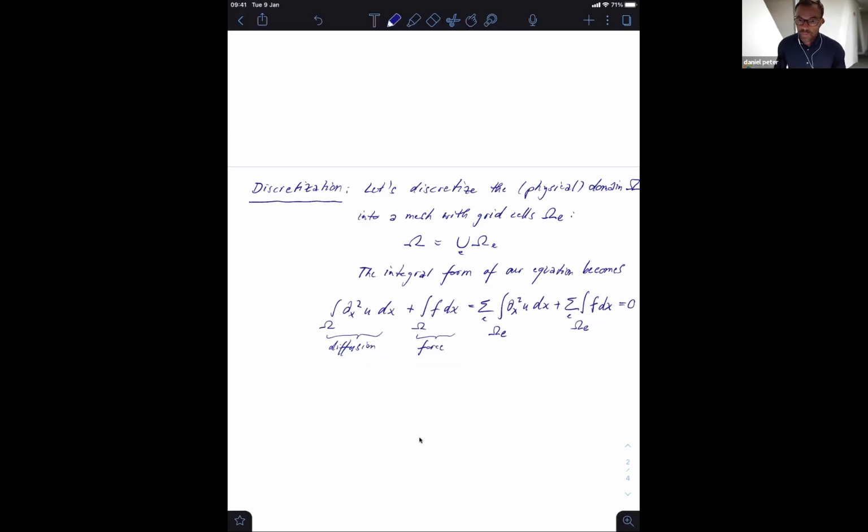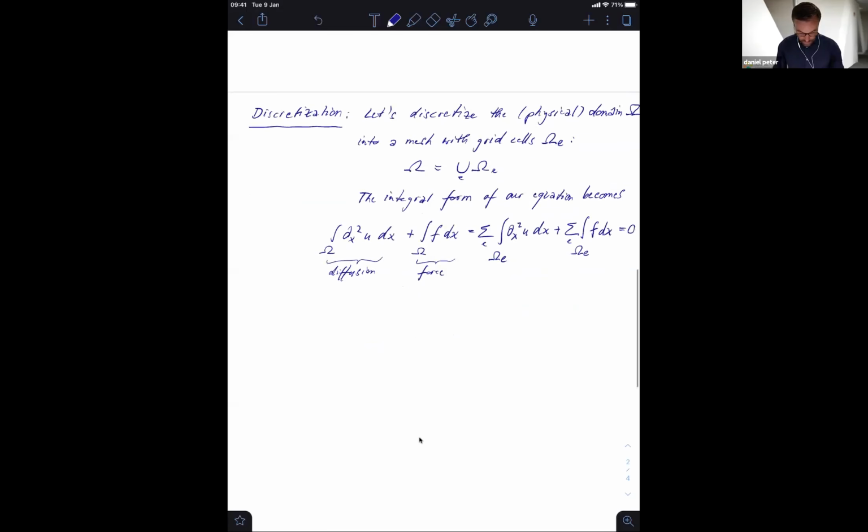So that means we now look at each grid cell, what this integral value is, and we try and approximate these integral values for each grid cell. So let's start with the force term. That's probably the simpler term.